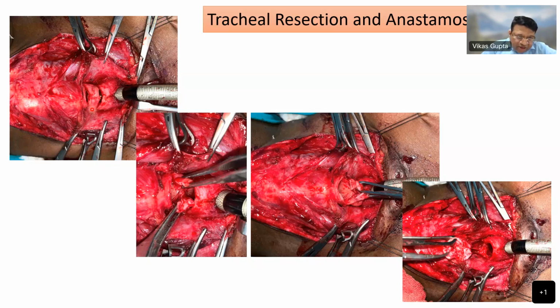So we have given an incision over here, and an incision over here, and you can see that there is a lumen seen inferiorly, and a lumen seen superiorly. This is the stenotic segment, and we have opened it vertically also, and then we removed the segment. Once we have removed the segment, you can see that there is discontinuity between the lower segment and the upper segment.